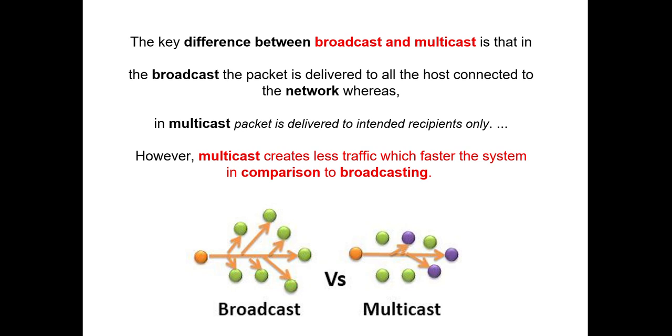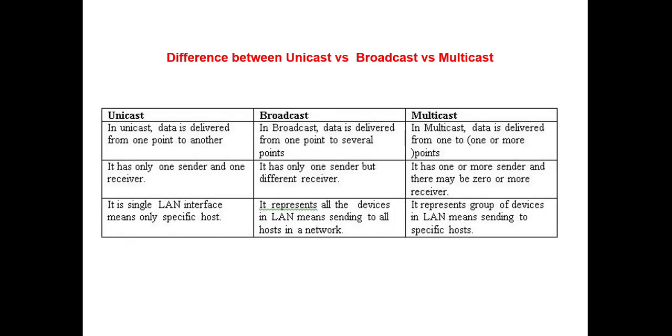But in multicast, we divide into a number of groups, and each group contains n number of systems. Here also only a limited number of systems receive the message simultaneously. In broadcast, all the systems directly connected to the network receive it, but in multicast we have a limited number of systems related to the group. So here is the difference.